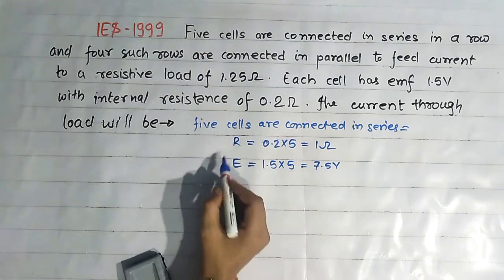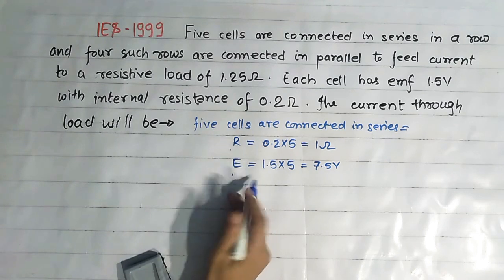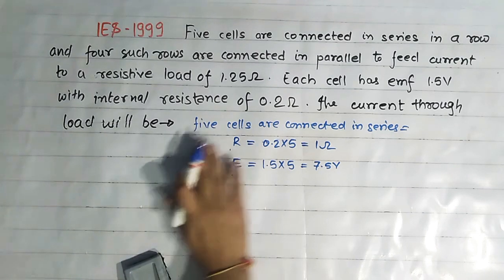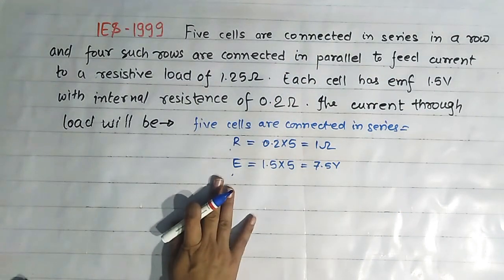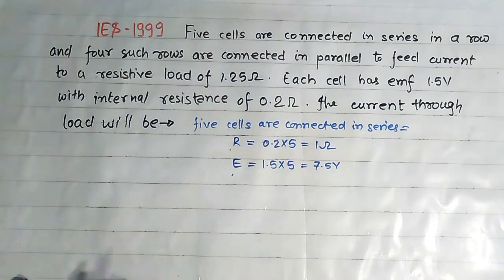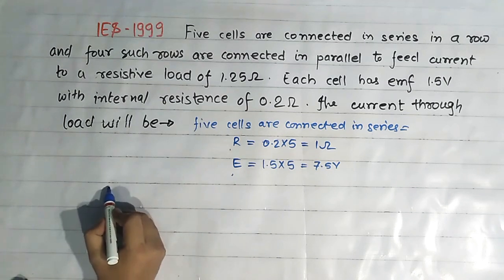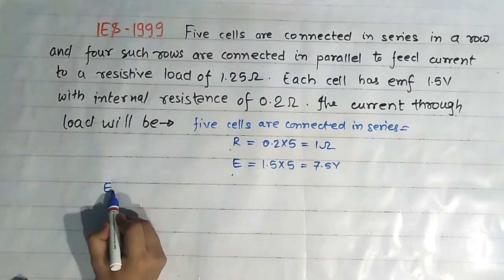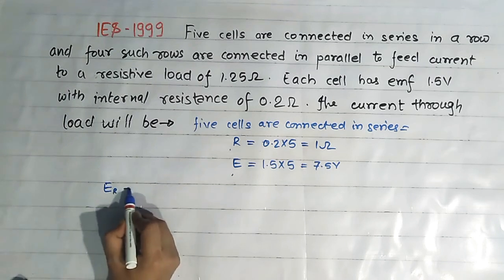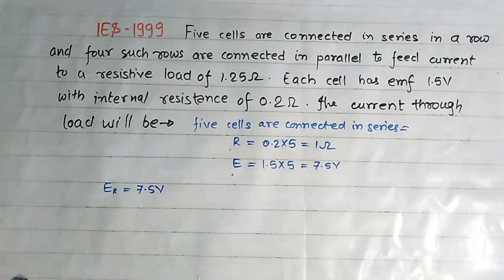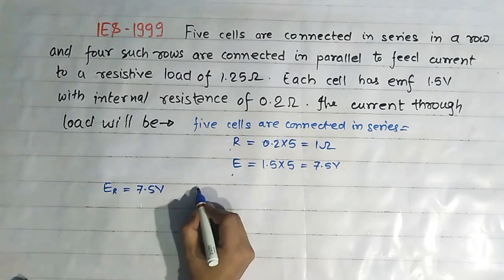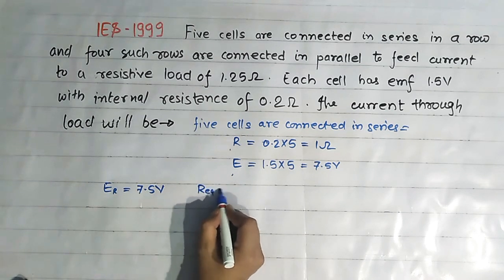Now 4 such rows are connected in parallel. So when we connect 4 such rows in parallel, then the EMF E remains the same, that is 7.5 volt, because EMF in parallel is the same. But what is the resistance?